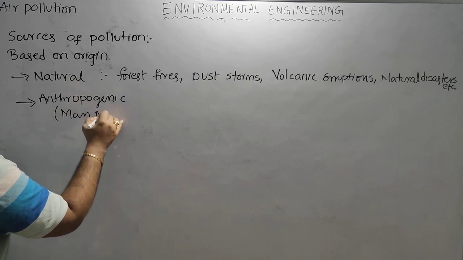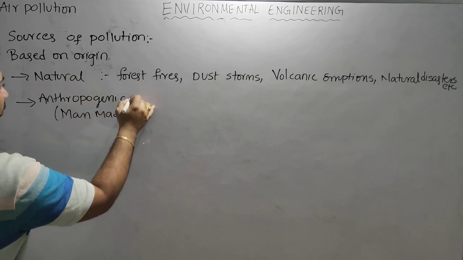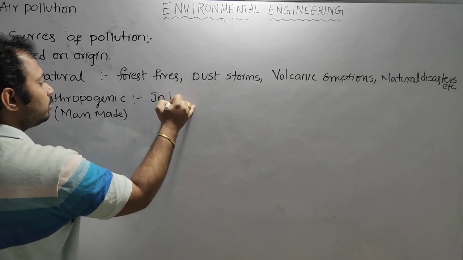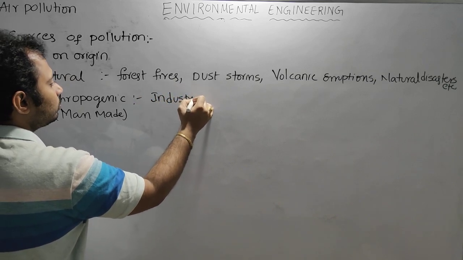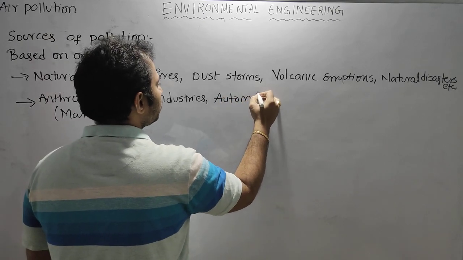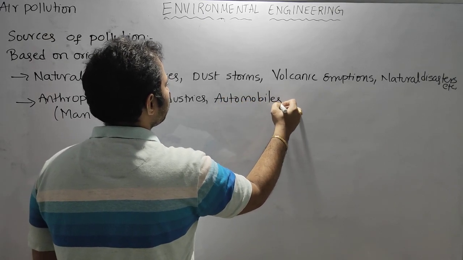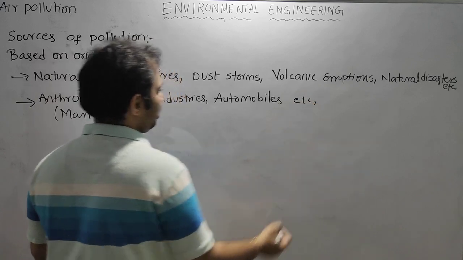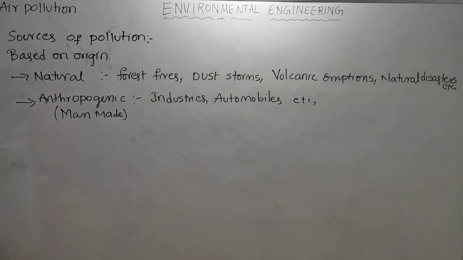There are many man-made sources, we all know. Industries, prime and foremost is industries, automobiles, etc. Okay. So this is one kind of origin-by-origin classification based on the movement of the source.